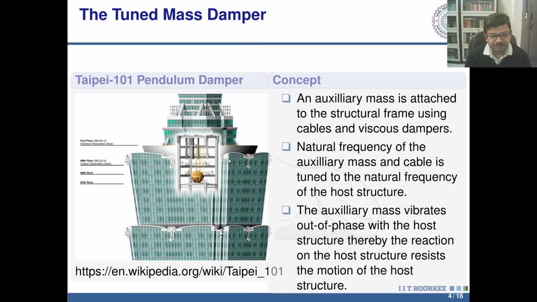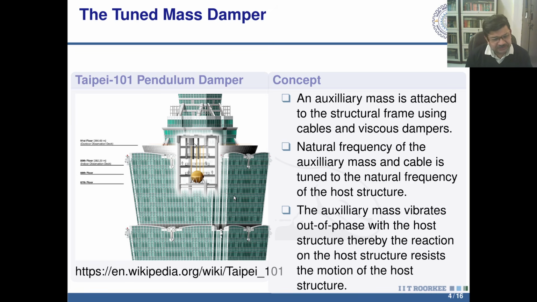of this host structure. And the whole concept of tuned mass damper works on the principle that when the primary structure vibrates, the auxiliary system, a smaller system with very flexible spring compared to the stiffness of the primary structure, vibrates out of phase with the primary structure, and that provides reaction at the connection of auxiliary mass with the primary structure to oppose the motion of the primary structure, and that is how the vibration control actually takes place.